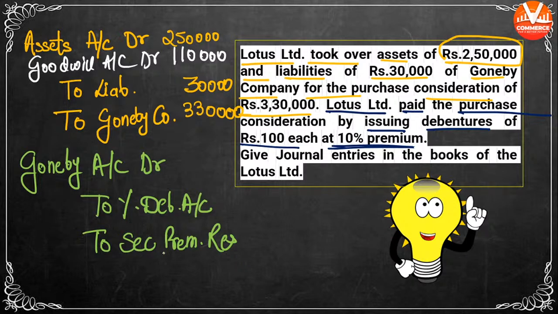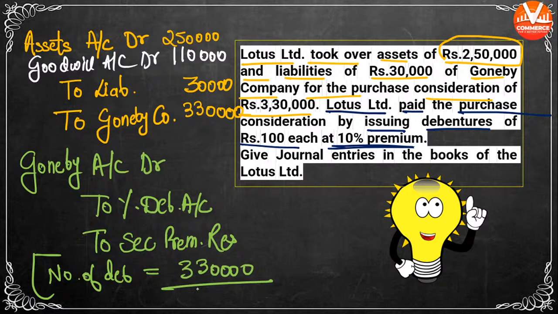And for this journal entry, we need to calculate the number of debentures to be issued. So divide the purchase consideration 3,30,000 by issue price, that is 100 plus 10, 110. So 3,30,000 divided by 110, it will be 3,000.